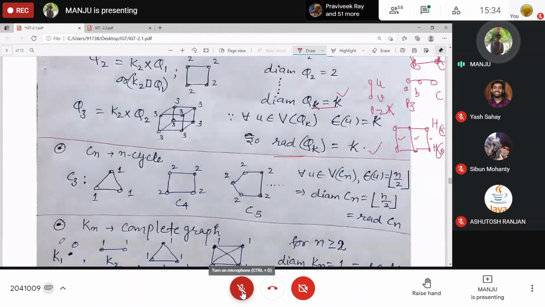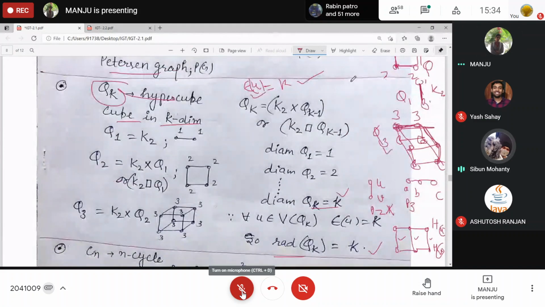Yes. What about C_N? Ma'am, in Q3, the radius will be 1, right? Radius 1. Why? The smallest distance. The minimum eccentricity is your radius. So, ma'am, the corner, the edge side of the Q is only 1, right?